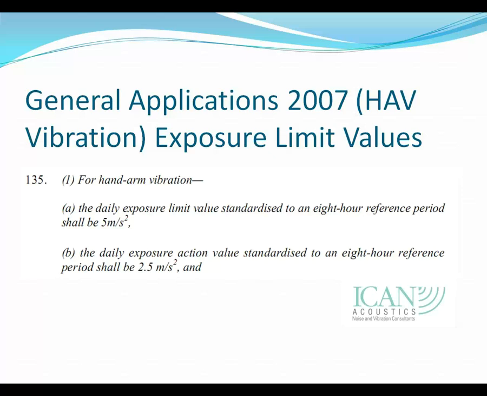Now again, there are limit values, and the first item there is item A, which is a daily exposure limit value. You'll notice there are also, similar to noise, daily exposure action values, and again you'll notice that the acceleration is lower for the action value.